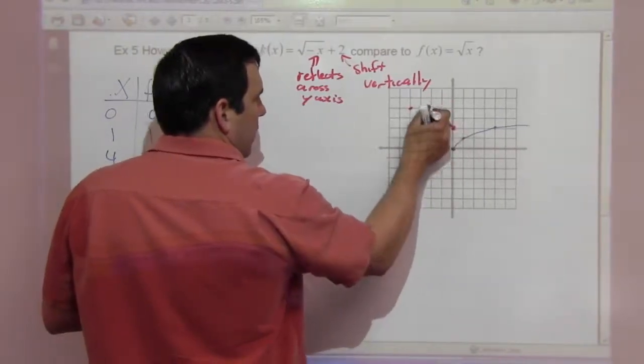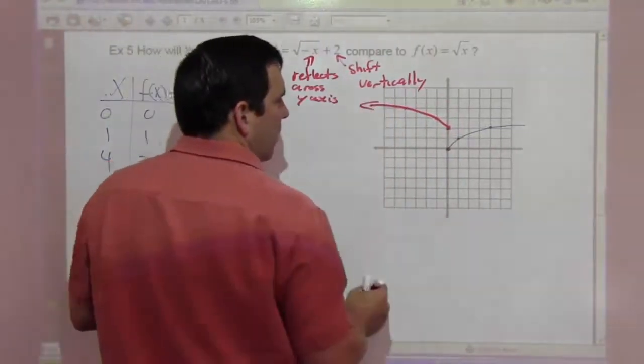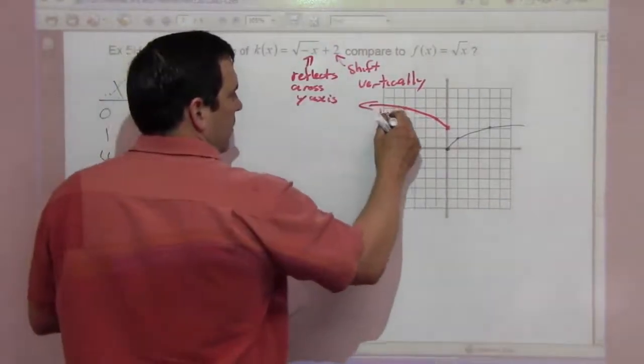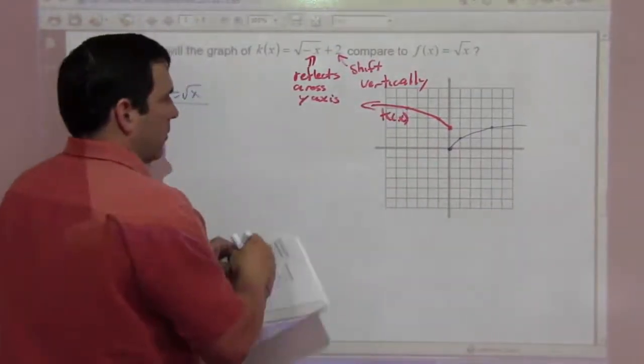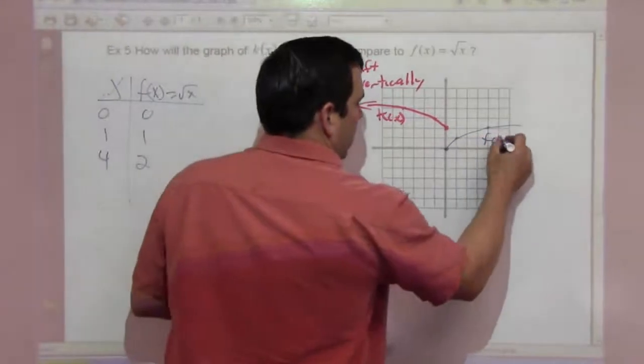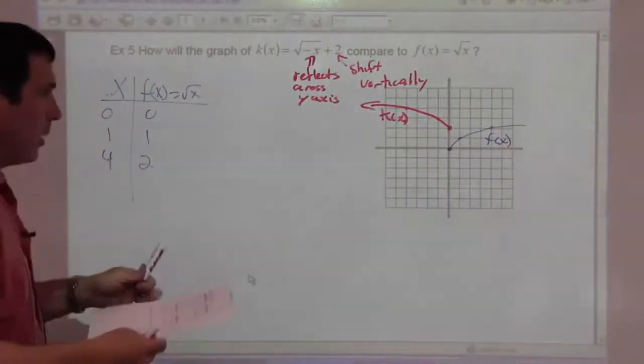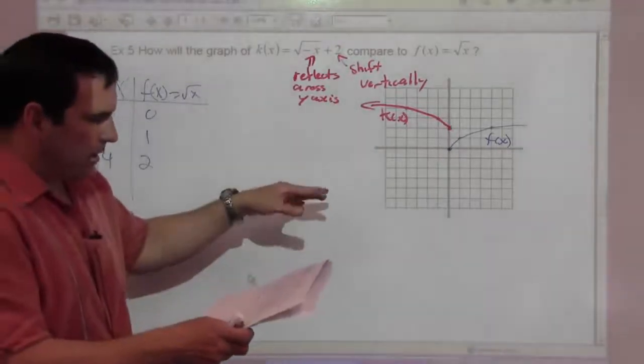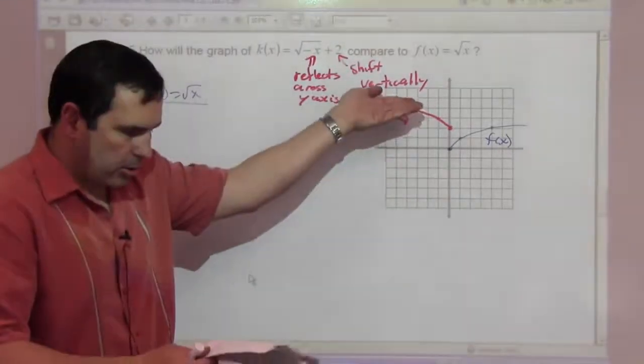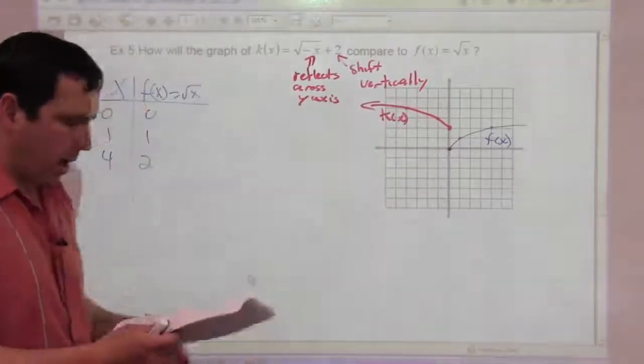So we get this kind of a curve. Okay, so k of x resembles f of x, except it is shifted vertically by 2, and it's reflected across the y-axis.